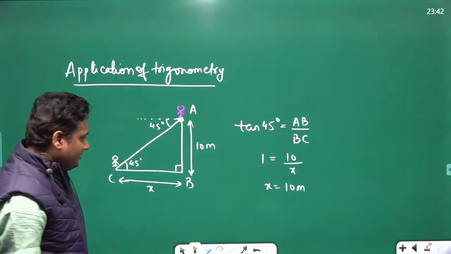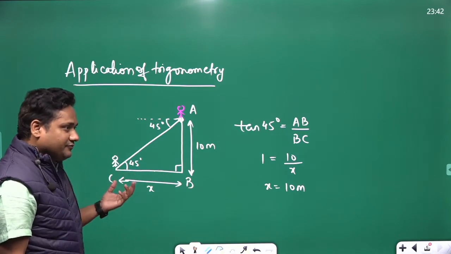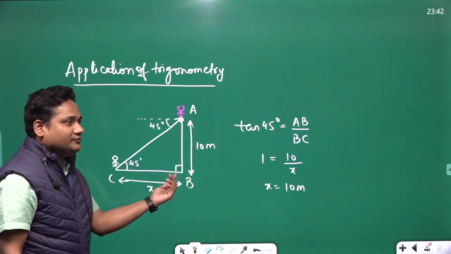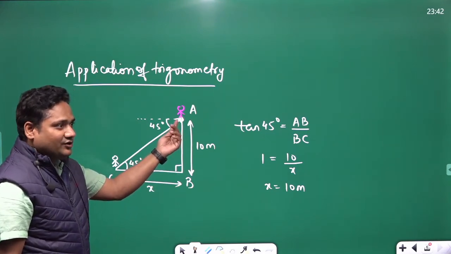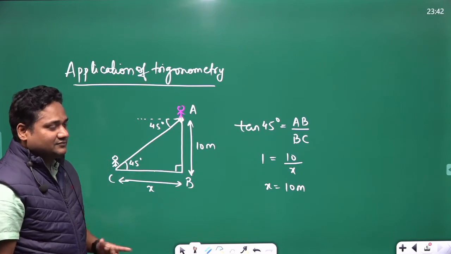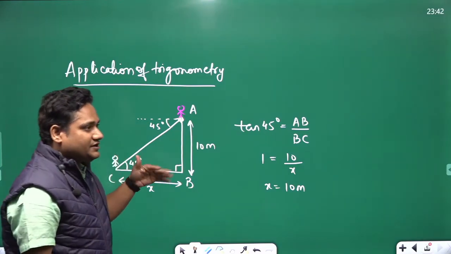So she calculated that Arna is 10 meter far from the foot of the building on which she is standing on the top and observing Arna. Are you getting the concept? This is the application of trigonometry.